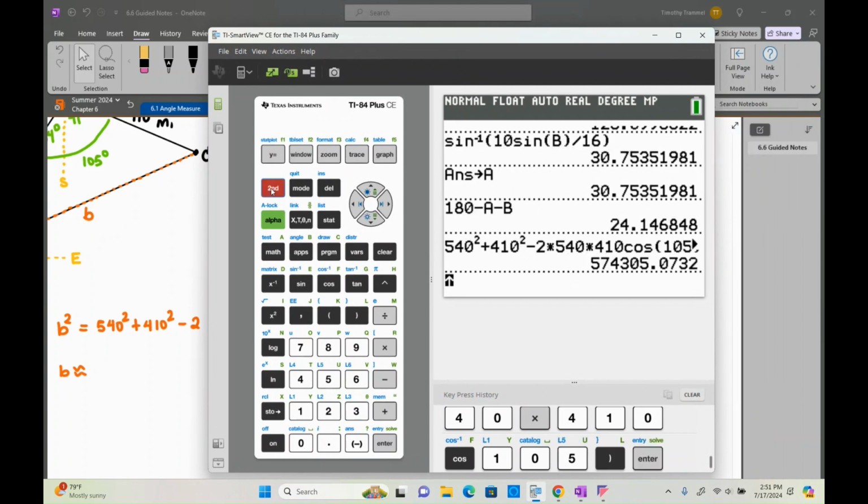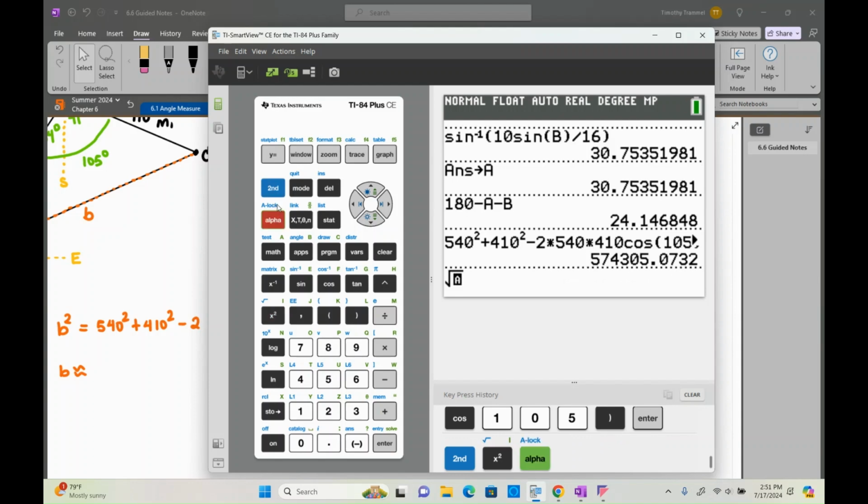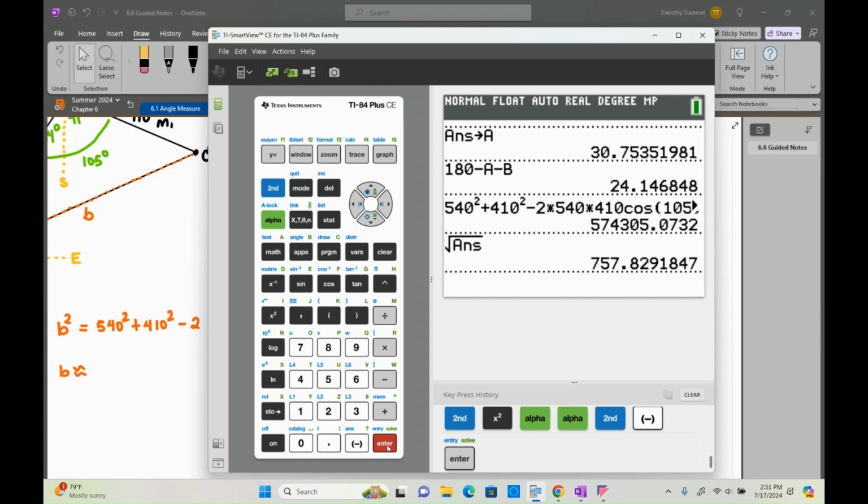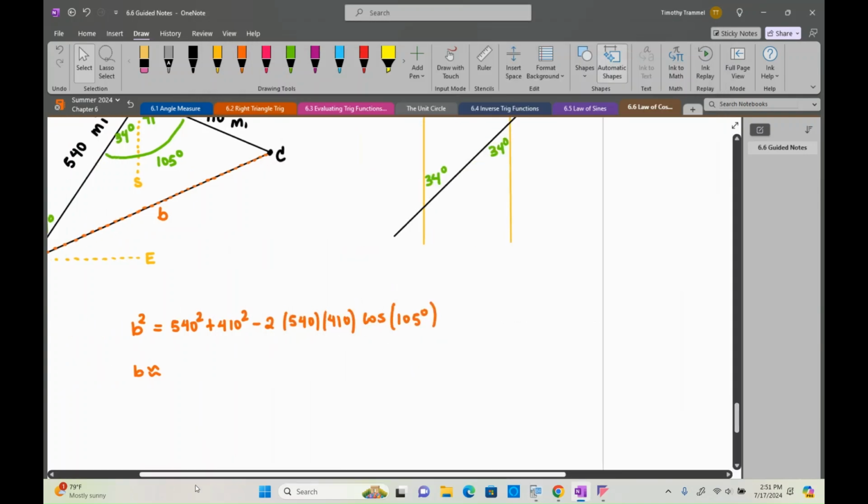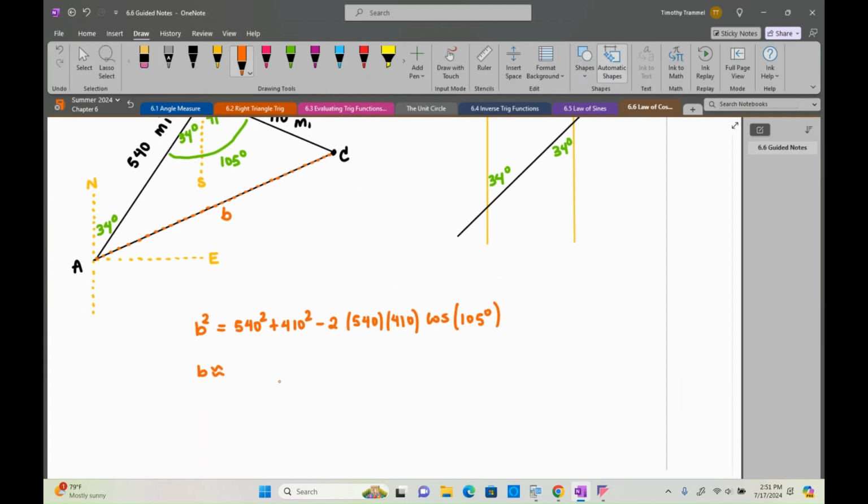Then you don't want to forget to square root it. There we go. I'm getting about 757.8 miles if I round this to the nearest tenth. So let's go record that.